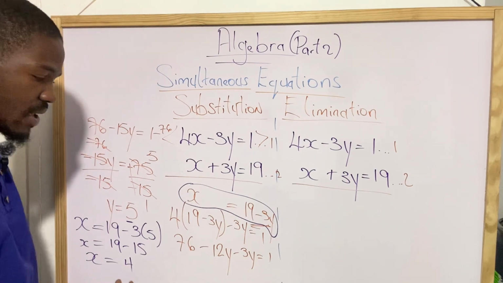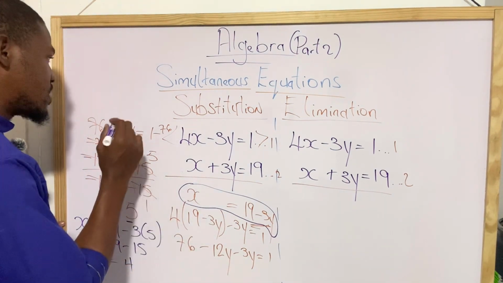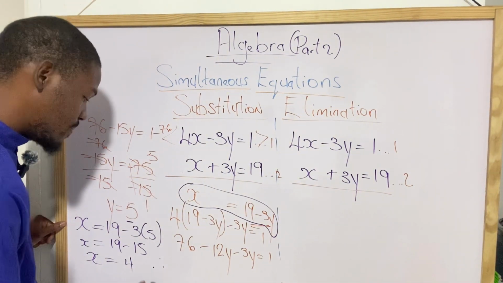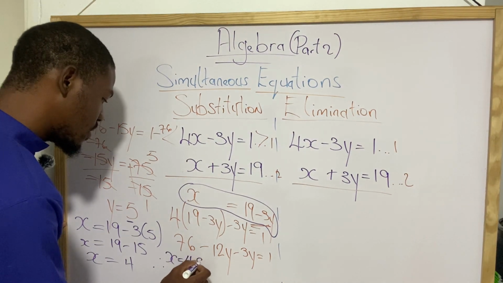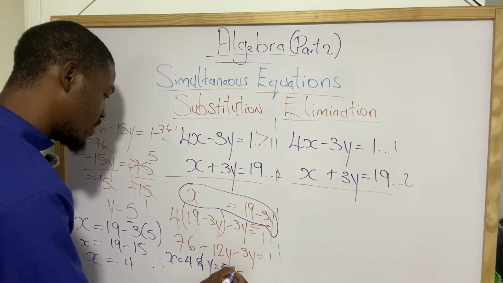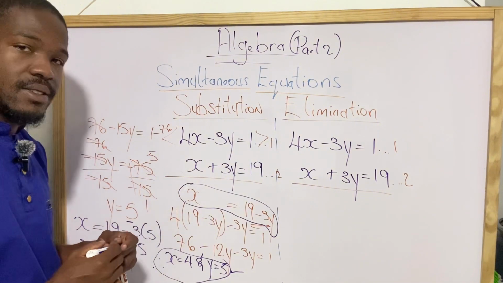So there we have it. x equals 4 and y equals 5. So we would have a therefore sign, and we say that x equals 4 and y equals 5. And there we have it. Right, so that is my answer.